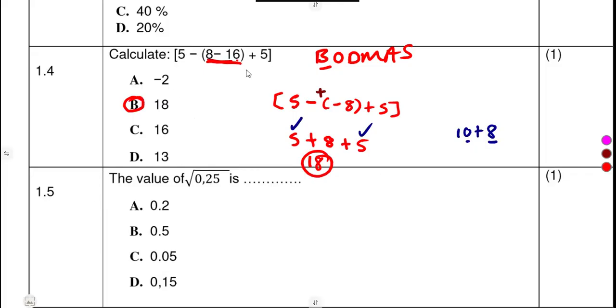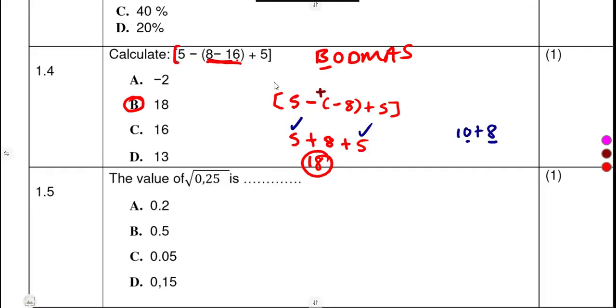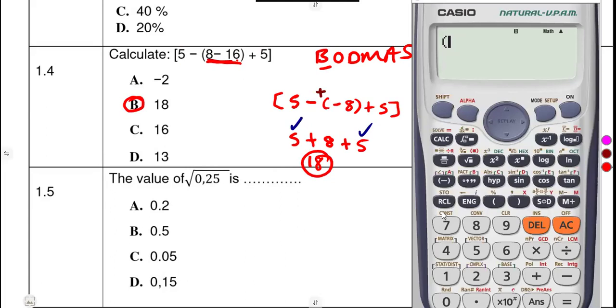All right. So this one, you can even use your calculator to prove this. So that one is the outer bracket. You can indicate that, it is not a problem. So you can open the bracket like this: 5 minus, you open a bracket, there is 8 minus 16.